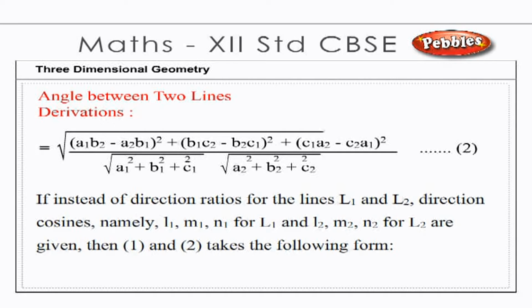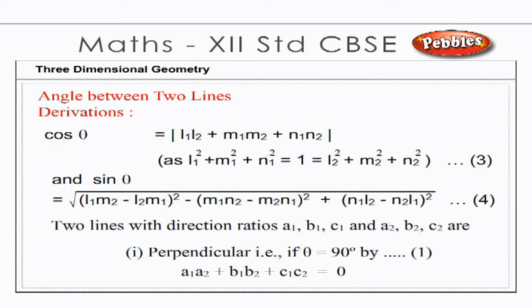Instead of direction ratios for the lines L1 and L2, direction cosines, namely l1 m1 n1 for L1 and l2 m2 n2 for L2, are given. Then 1 and 2 take the following form.